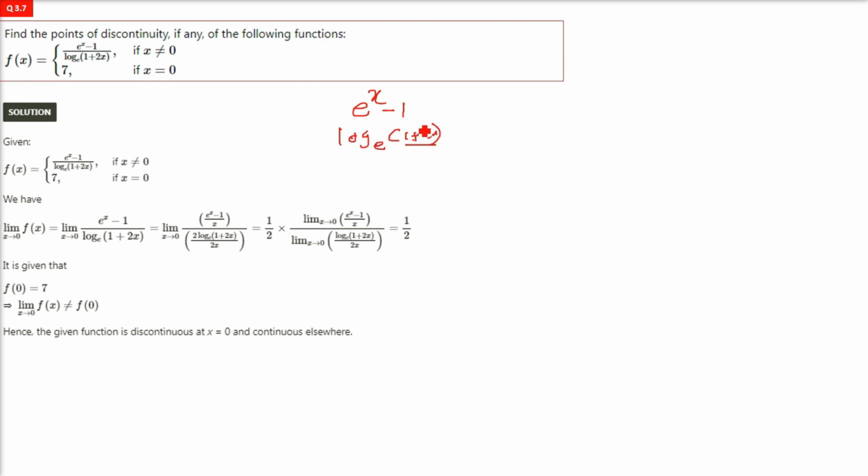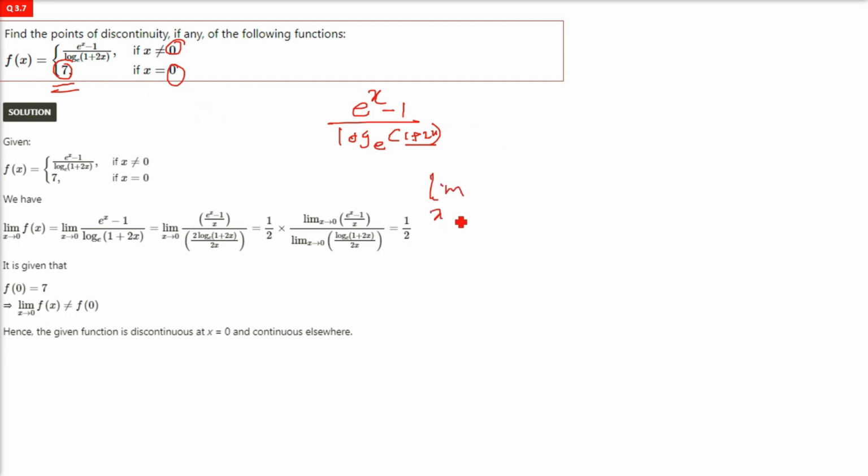Both functions are continuous. When we divide them, they will also be continuous because it is p by q form. But the value of the function at x equal to 0 is 7. So whether the limit of this function matches with 7 will decide the continuity or discontinuity of this function at x equals 0.